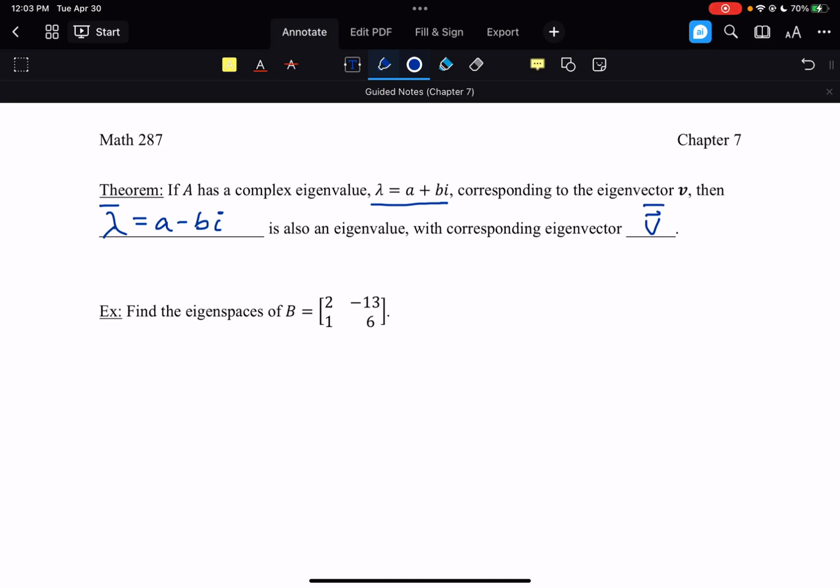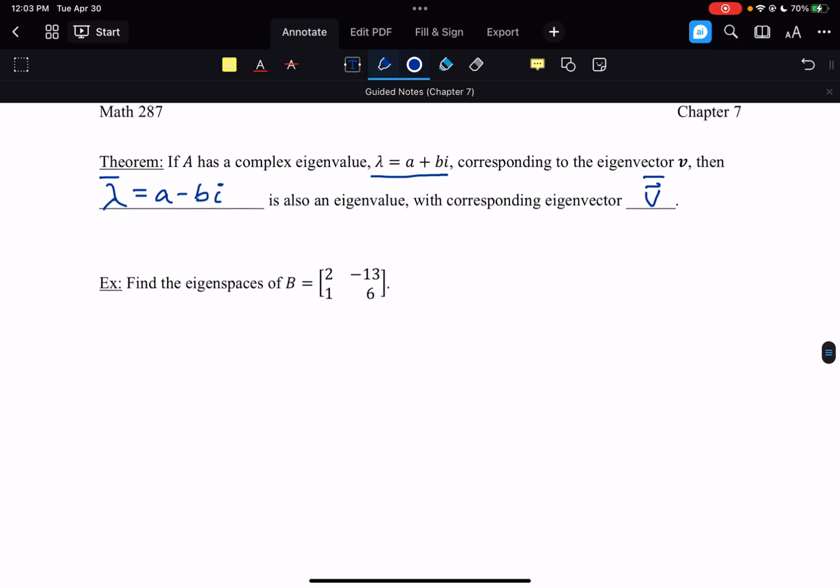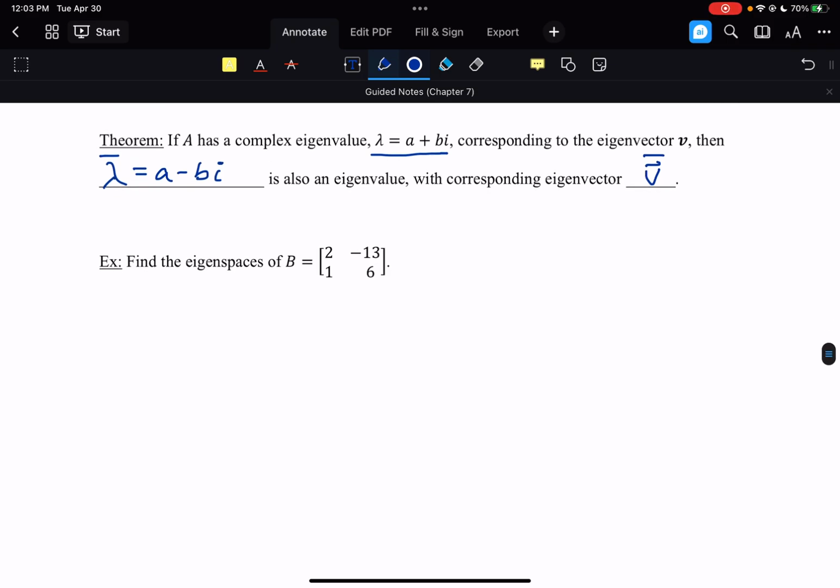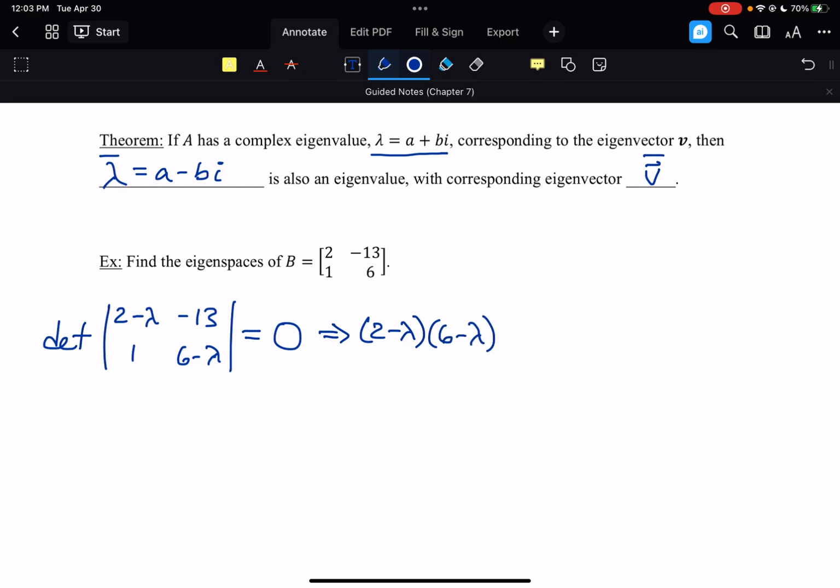If we take a look at this 2 by 2 matrix here, we get determinant 2 minus lambda, negative 13, 1, and 6 minus lambda. Set it equal to 0. We get 2 minus lambda times 6 minus lambda minus negative 13, so plus 13, equals 0.